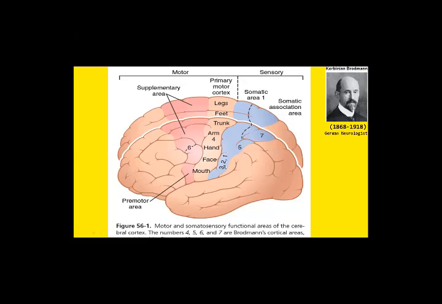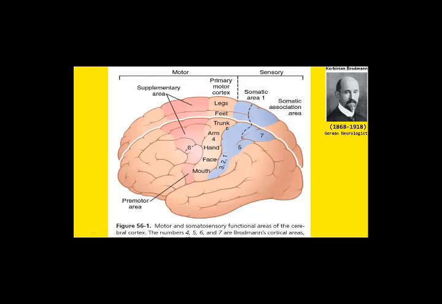According to the Brodmann's classification, the somatosensory area 1 is labeled as area 3 to 1. And the gyrus posterior to this primary somatosensory area 1 is the somatosensory association area, area 5 and 7. So these are the sensory cortex.